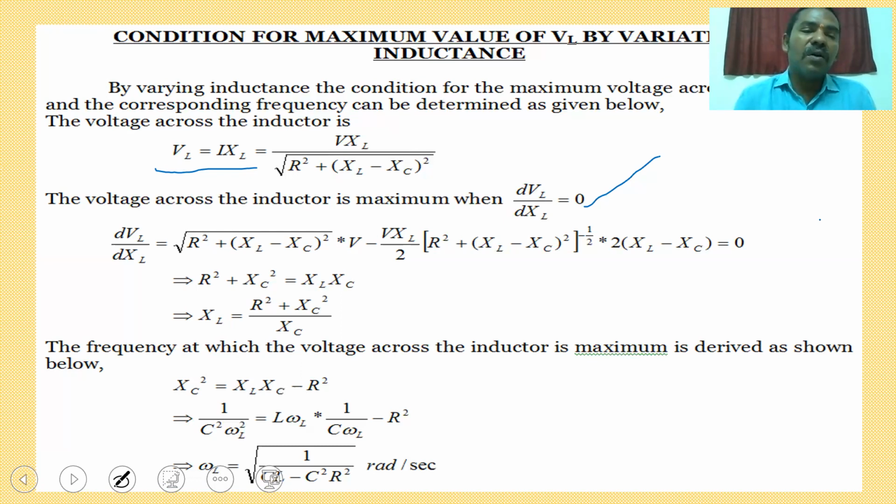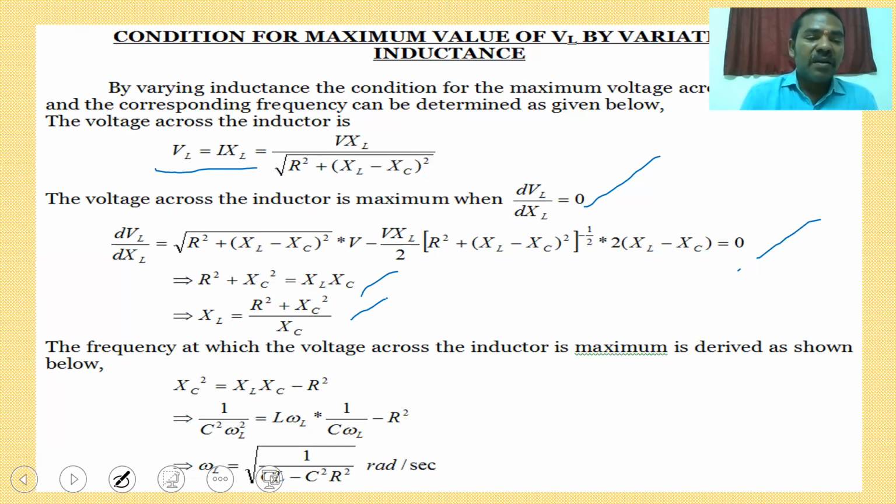We are using the U by V formula to differentiate the equation VL with respect to XL. After simplification, R square plus XC square is equal to XL XC, or XL is equal to (R square plus XC square) divided by XC.